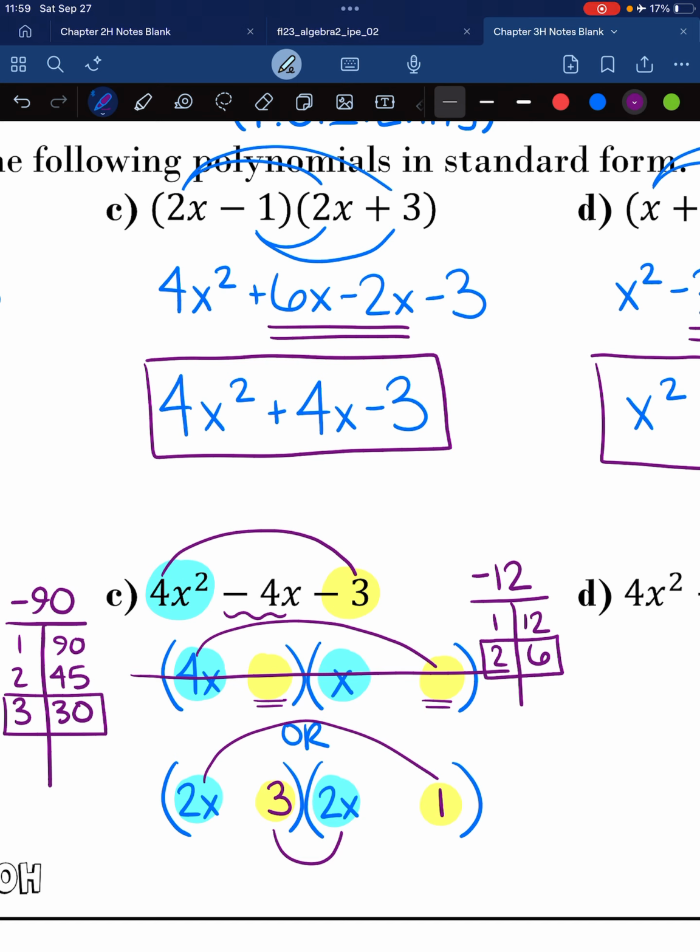Because 2 times 1 is 2 and 2 times 3 is 6. That's looking pretty good. And I can double check that 3 times 1 is 3. Then I wanted that to be negative 4, so the 6 has to be negative. So negative 3 times 2 is negative 6, 2 times positive 1, and there we go: 2x minus 3 and 2x plus 1.